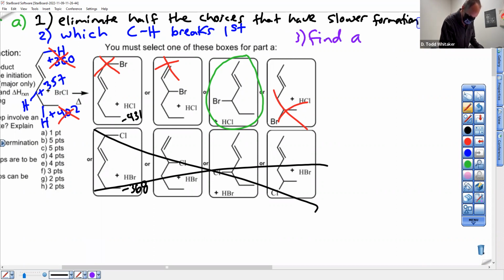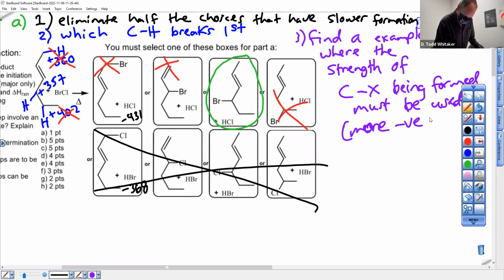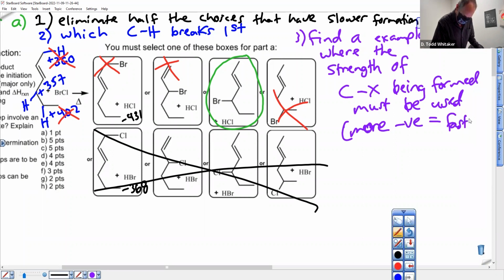Find a video or an example, could be a video, could be old notes, where the strength of CX being formed must be used. More negative equals faster equals major. But we didn't need it here.